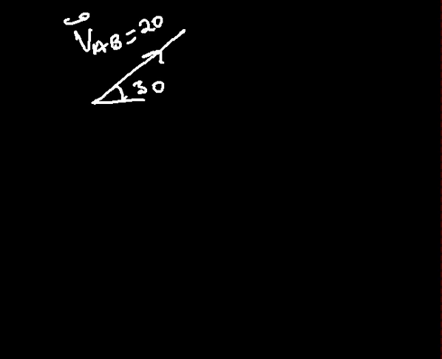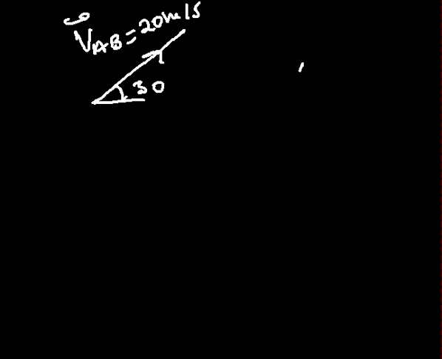Let's say we have this case, an object at an angle of, let's say, 30 degrees with respect to the horizontal, and with a velocity VAB of let's say 20 meters per second.